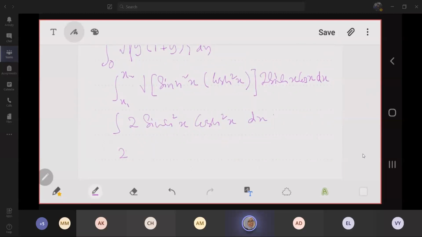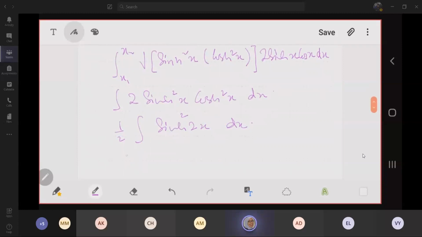And then that becomes 1 on 2, 1 on 2 sine 2x dx squared, and then you change it into sine squared.